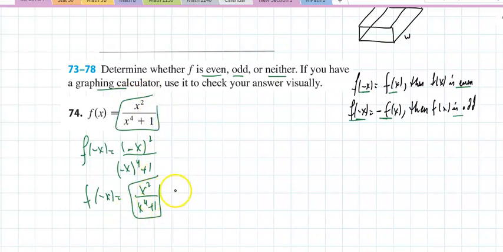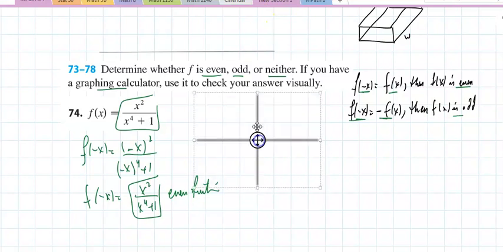If the x disappears, this is an even function, meaning, is this what I started with? Well, it is. Then we say this is an even function, and that's a big deal because even functions are symmetric with respect to the y-axis. If you looked at the graph, this is a rational function. We have no vertical asymptotes. Horizontal asymptote is y equals 0. If x equals 0, y equals 0.